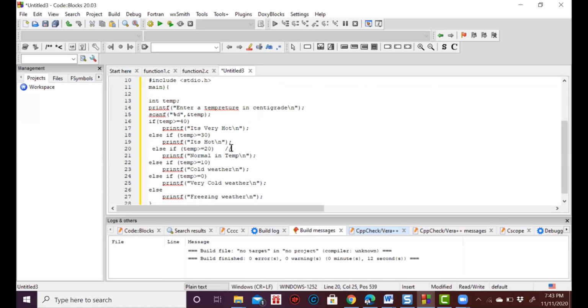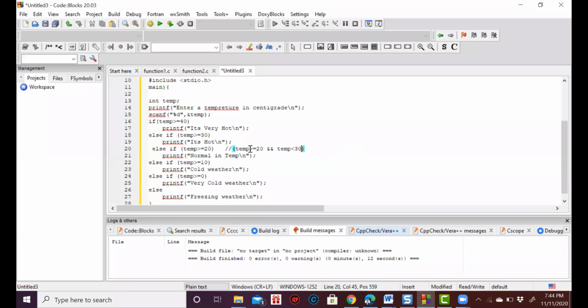In brackets, 10 greater equal 20, and this one is, and 10 greater equal, and this one is 20, 30, less than 30.